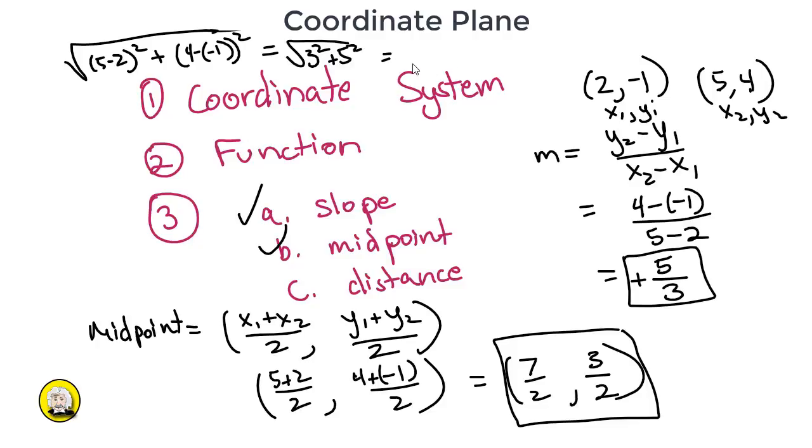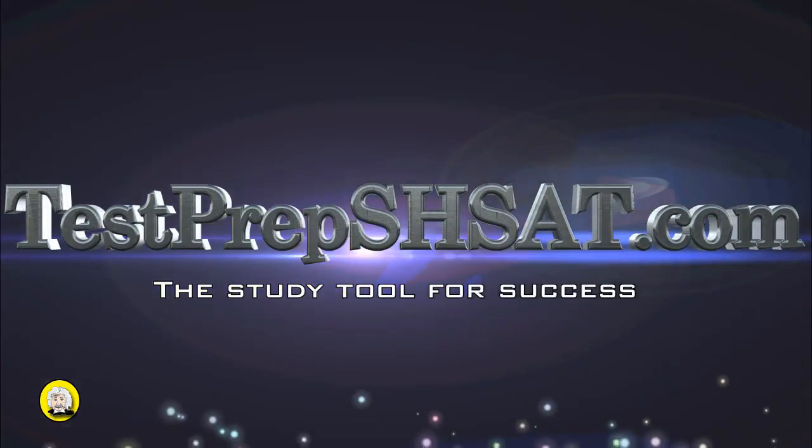So that in turn becomes the square root of 3 squared plus 5 squared, or the square root of 9 plus 25, which is 34. And the square root of 34 is the distance between the 2 points given.